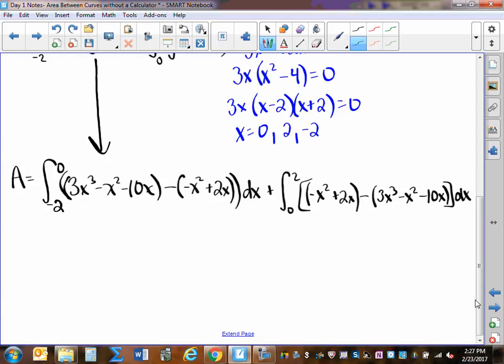Okay, I want you to go ahead and simplify. Don't integrate yet, just simplify. Distribute that negative, simplify. I want to see that we get the same thing. The trickiest thing here is most students miss that negative with the parentheses.